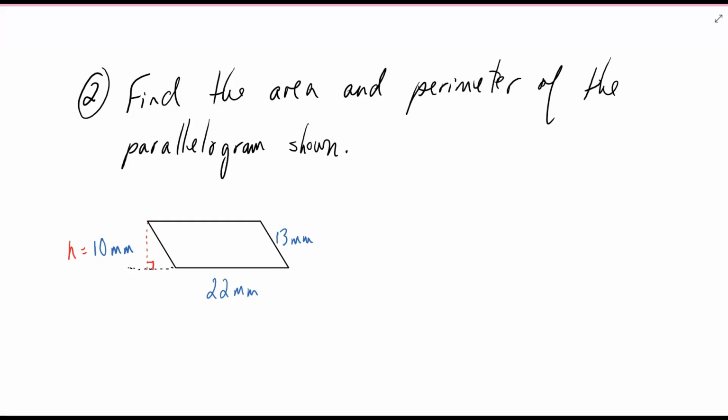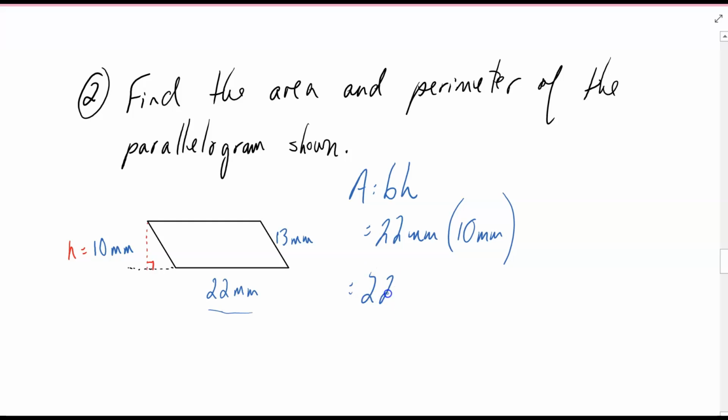Let's find the area of this parallelogram and the perimeter. The area is equal to base times height. The height is given at 10 millimeters, and the base is the side that is perpendicular to that height, which in this case is 22. So we have 22 millimeters multiplied by 10 millimeters, which is 220 millimeters squared.